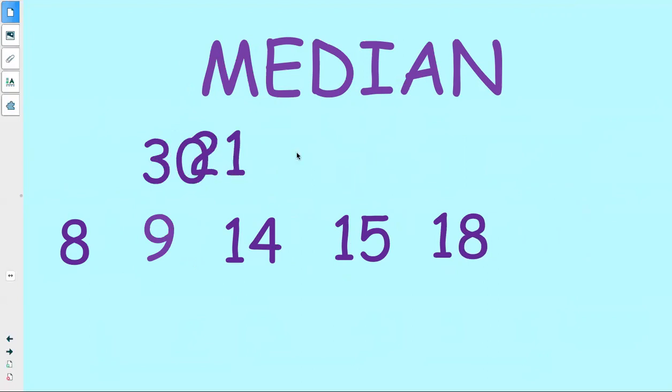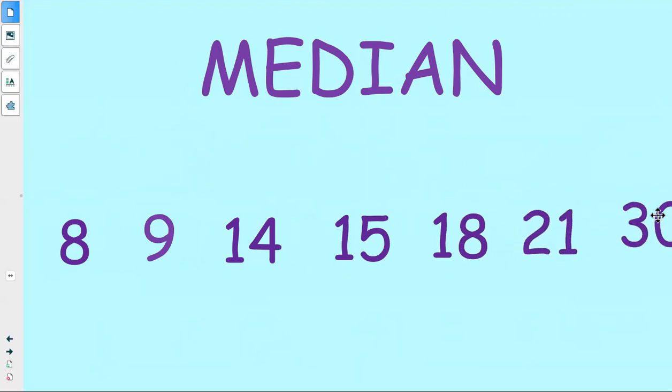Oops, sorry, 30. Just once you've put it in order, again, it's very, very simple to make a mistake. So just start from the beginning, just make sure they all go in order. So 8, 9, 14, 15, 18, 21, 30. So you know that they are in order from the smallest number to the largest number.